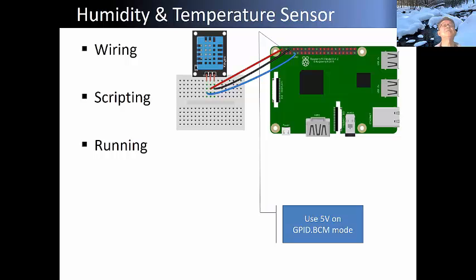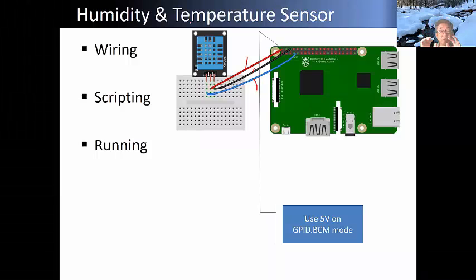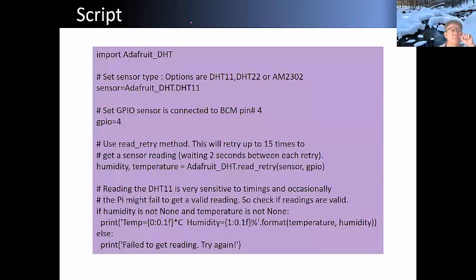These 2 pins, I believe this is power, the black cable is ground, and this is only the signal, right? So from one signal, it can send us humidity and temperature together. Those 2 values together in tuple format. So tuple format will be used.